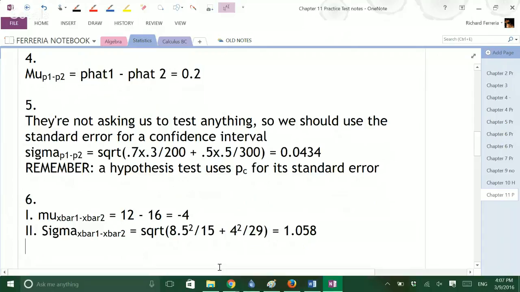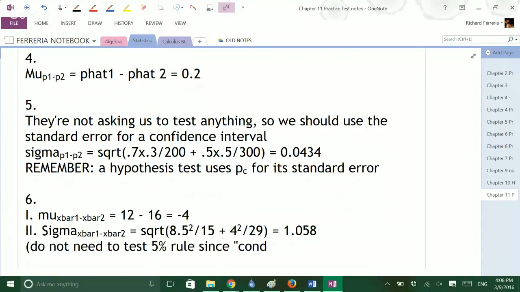Again, no need to test. The answer is different though. Yeah. That's weird. Just give me a second. Do not need to test 5% rule since conditions have been met.